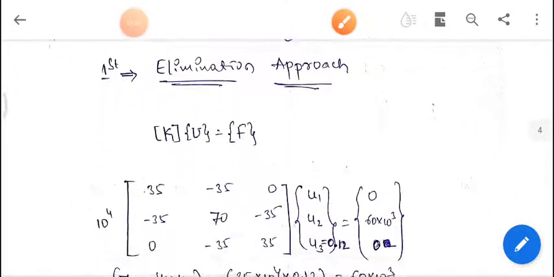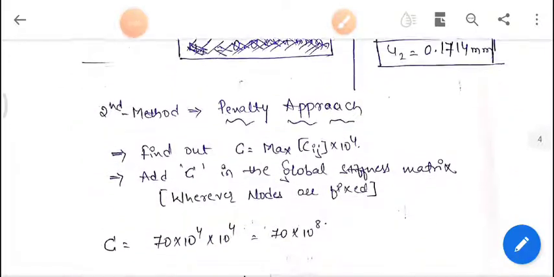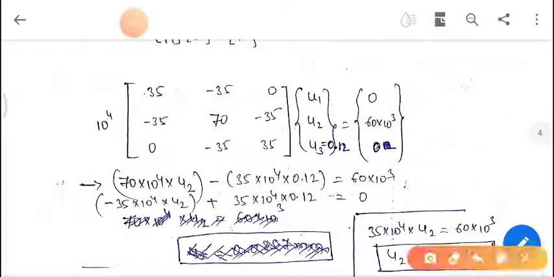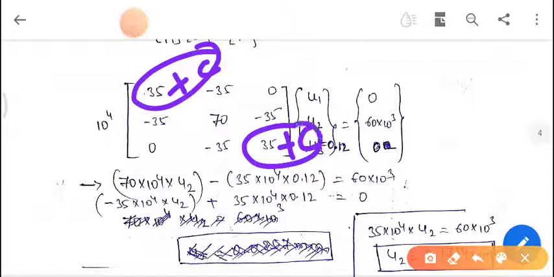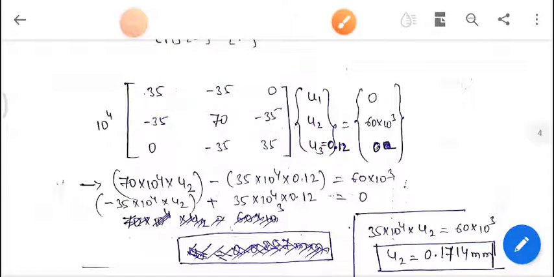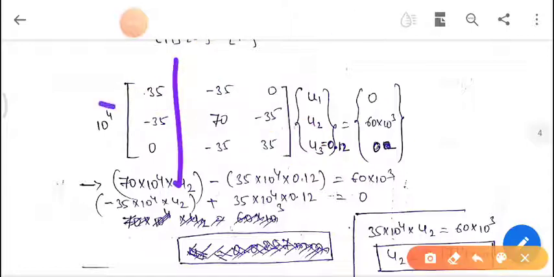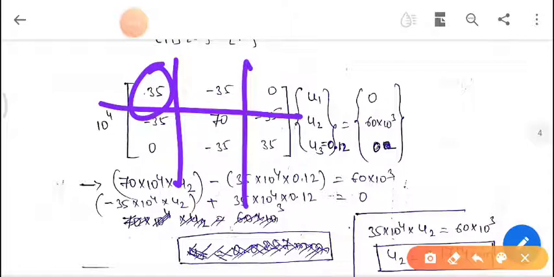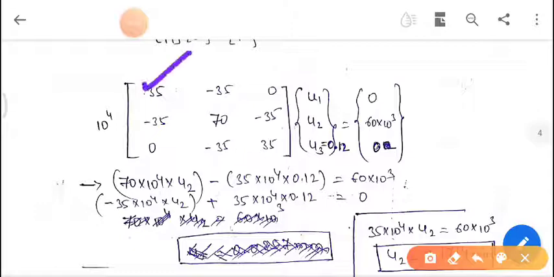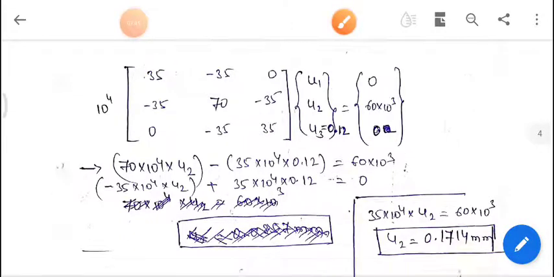So we need to add this C value here, and we need to add C here. This is the fixed node. Means at first row first column we have a fixed node, and at third row third column we have a fixed node. So we need to add at the corners. That's what I have written here.